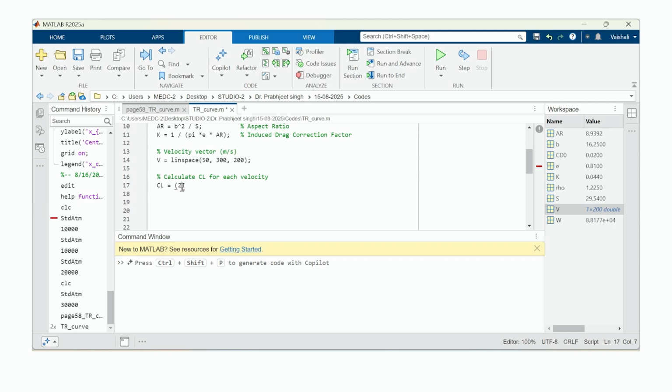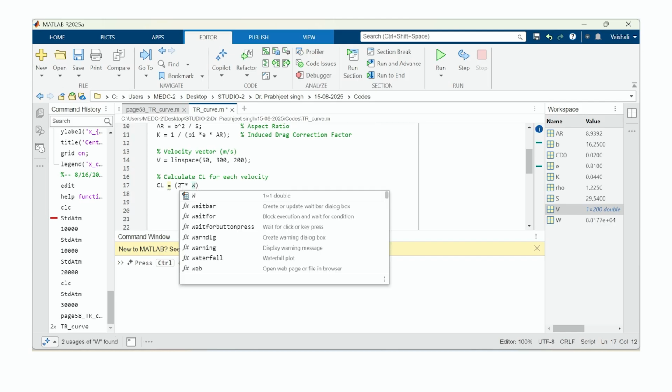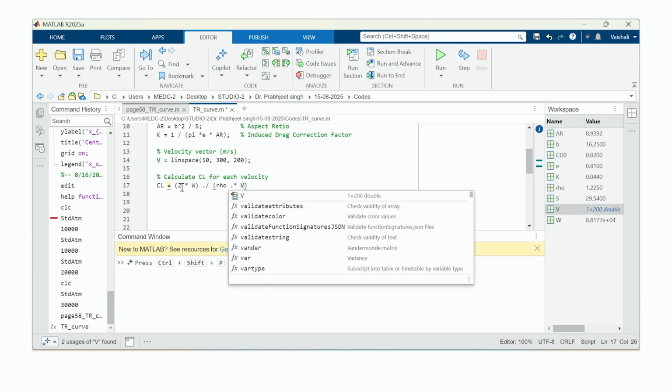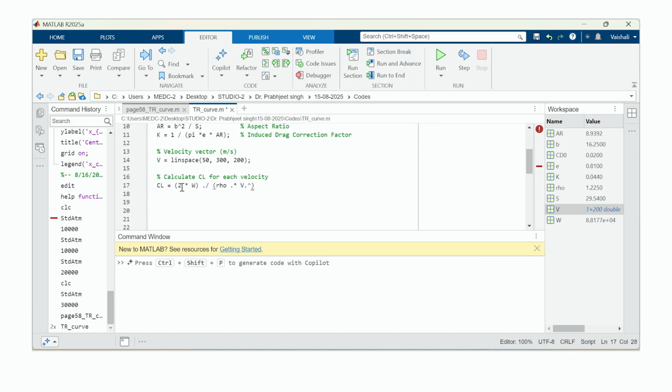So 2 into W, instead of writing only divided by, we write dot divided by, again brackets, rho dot into, just a dot in front of the operator. V square, again dot square, since this is a vector. Then into S, again dot into S.